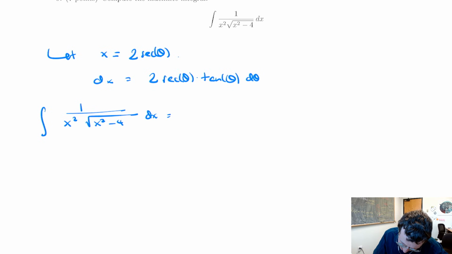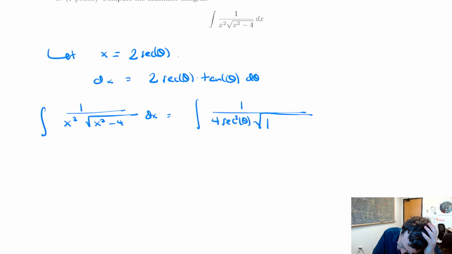And now let's make the substitution. x squared will be 4 secant squared theta. And then I have the square root of 4 secant squared theta minus 4 times dx.